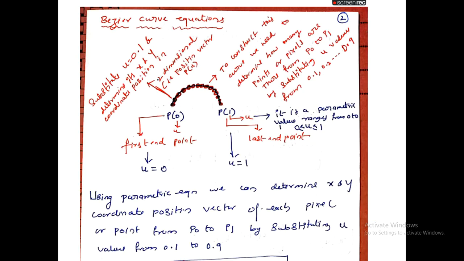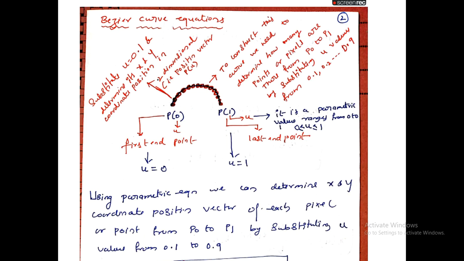Next, we discussed how to represent the Bezier curve equation. To represent it, we use a parametric equation. In this diagram, I traced an example to create a curve.